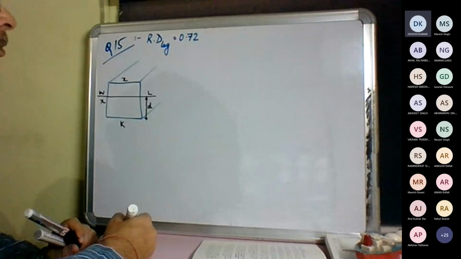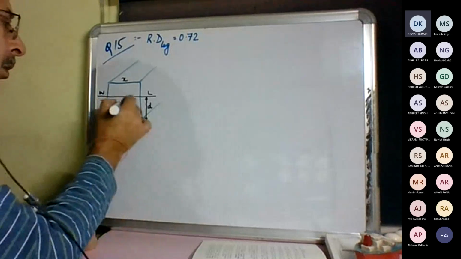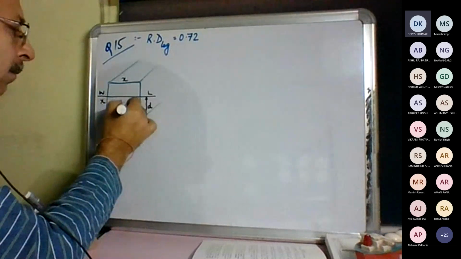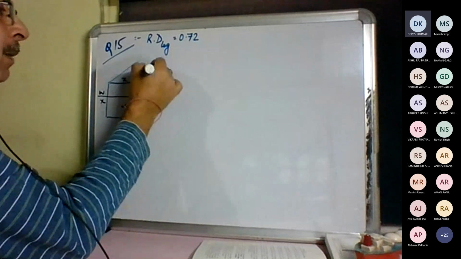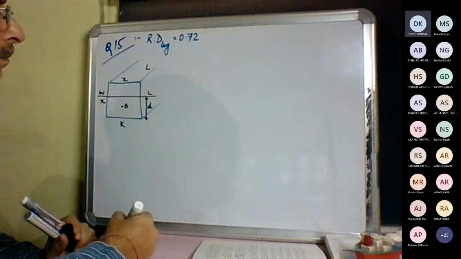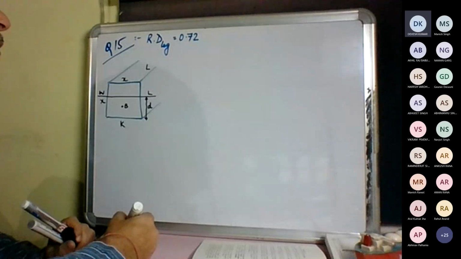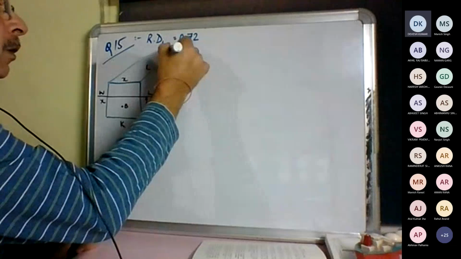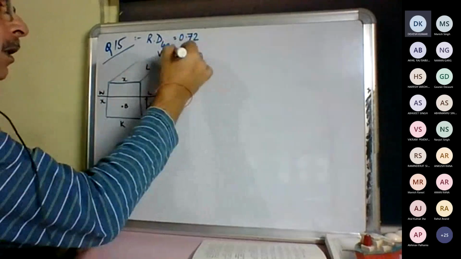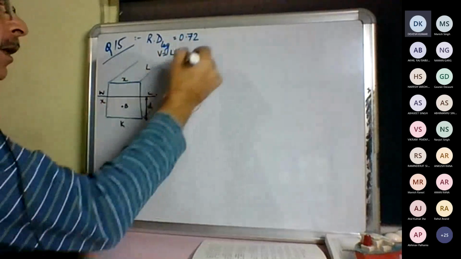Let the length of the log be L. So the volume of the log will be L into x into d.